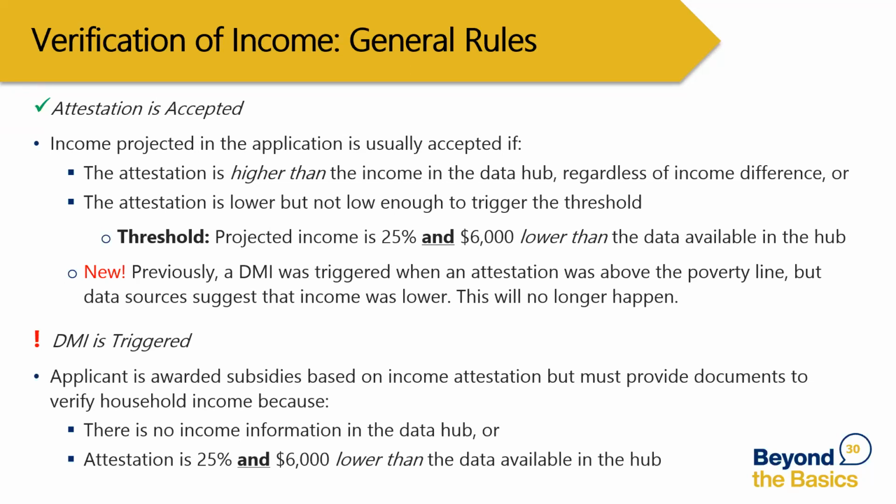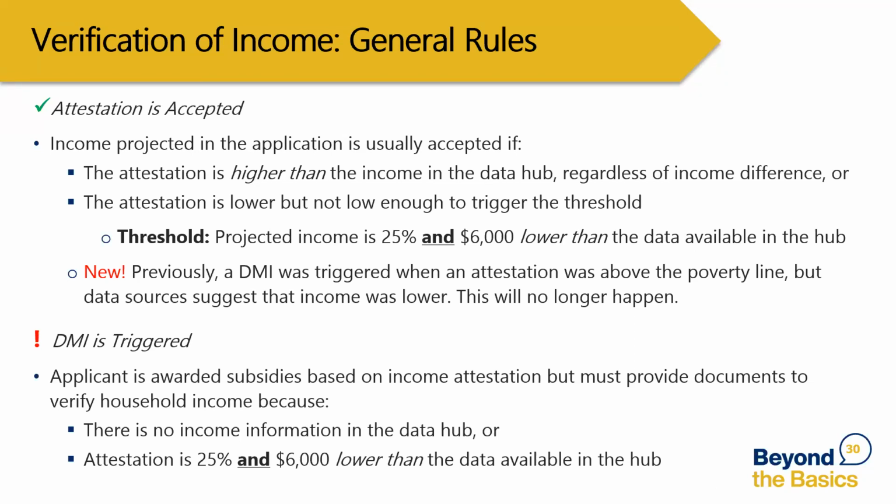So here are the general rules. The income projected in the application is usually accepted if the attestation is higher than the income in the data hub, regardless of the income difference. So breaking that down, the attestation has to be higher. And if you think about why that might be the case, it's because they don't want you to take more APTC upfront than you were entitled to. And so if you say that your income is higher than in the data hub, then you're taking less APTC.